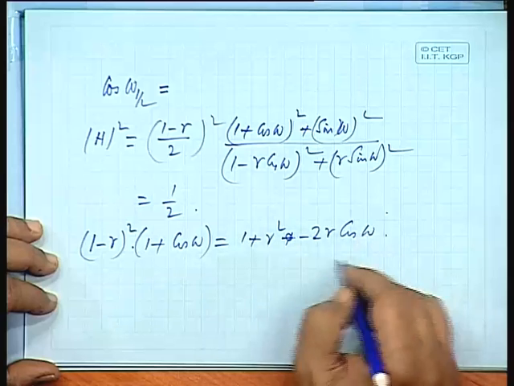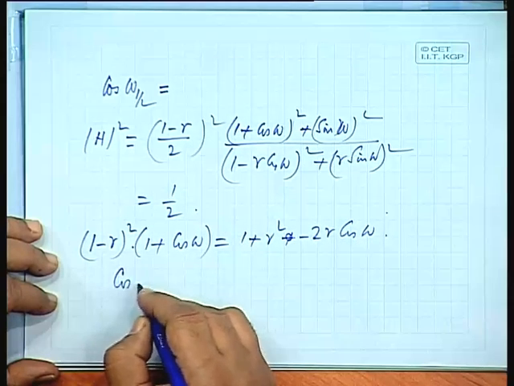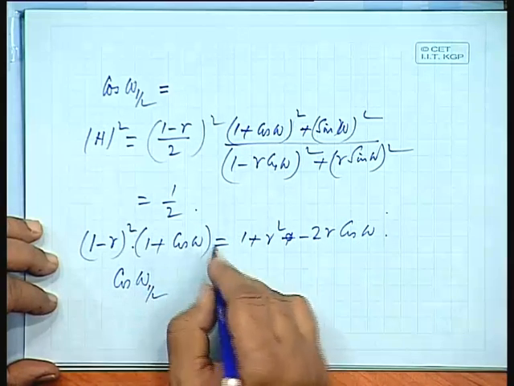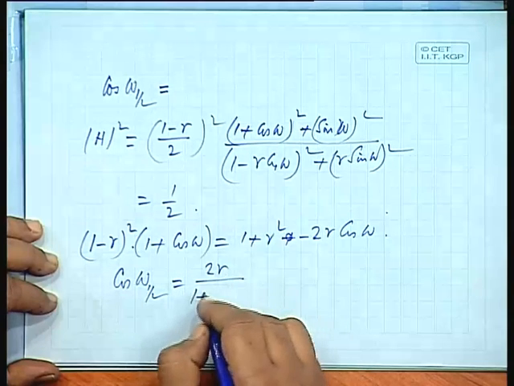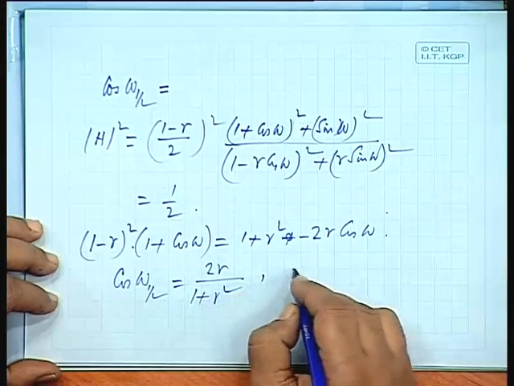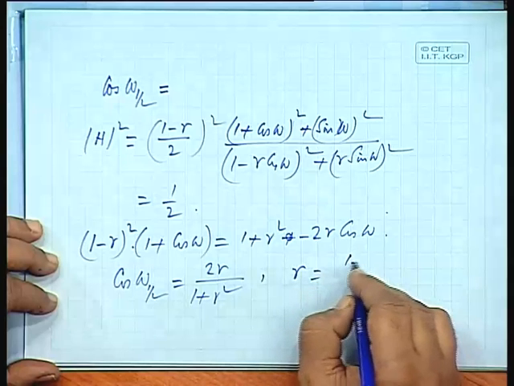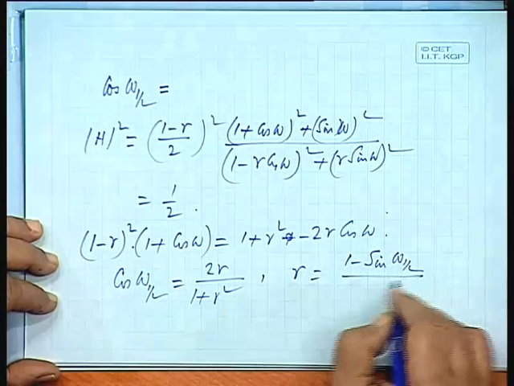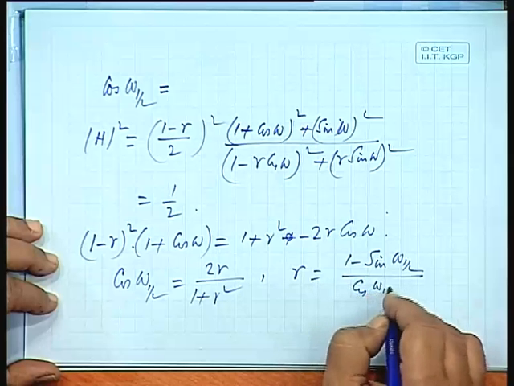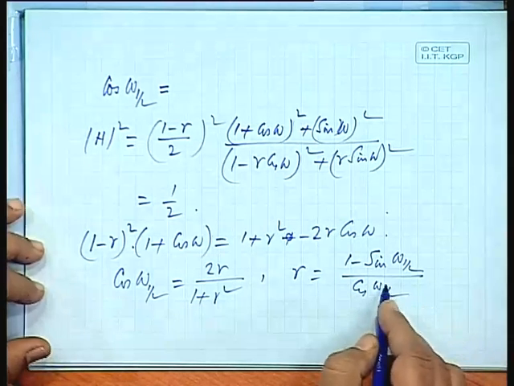Are you getting this? Therefore, the solution of this is cosine omega half is 2r by (1 plus r square), or r you can write as (1 minus sine omega half) by cosine omega half.